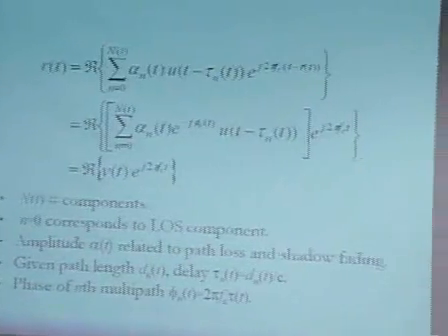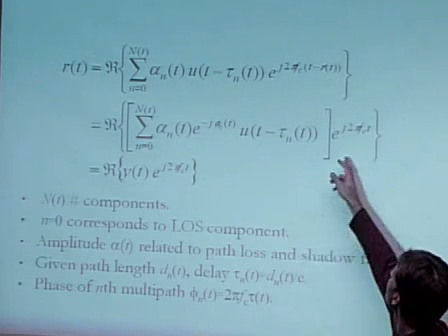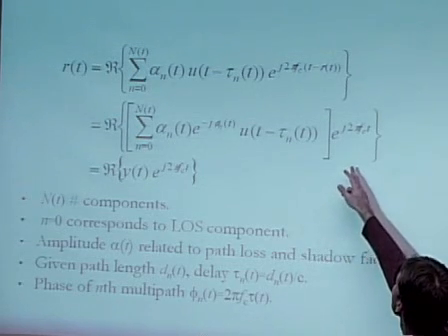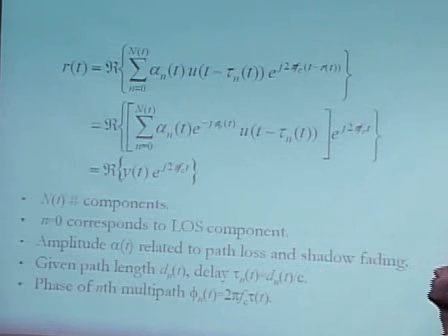Is that clear so far? The first equation, each of the terms. Each component has an amplitude, alpha, and a delay tau at this point. Now, what we can do in the second equation is factor out a term that is common to all the terms in the summation, which is this e to the j 2 pi fct.